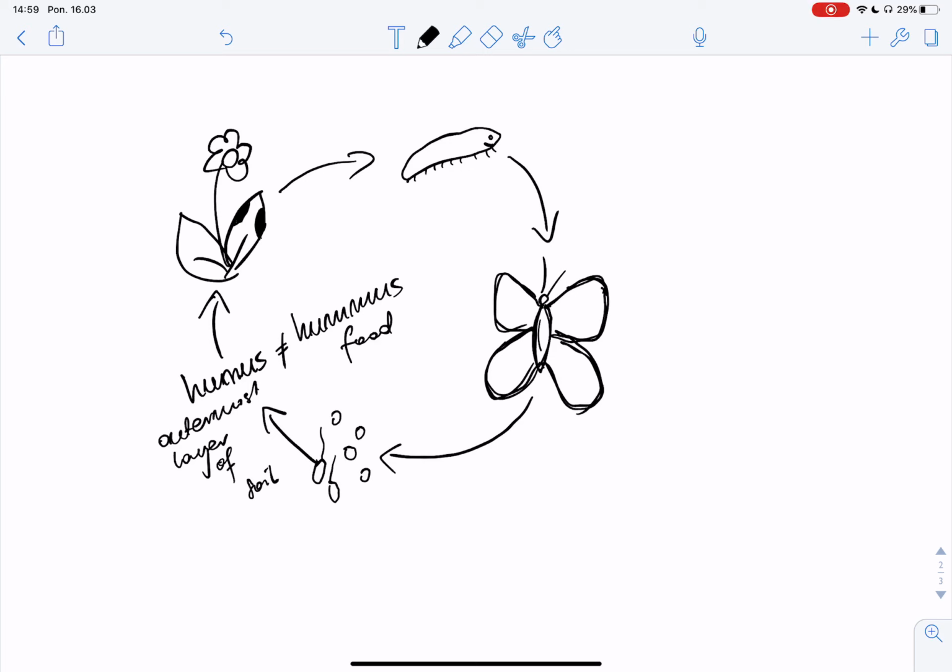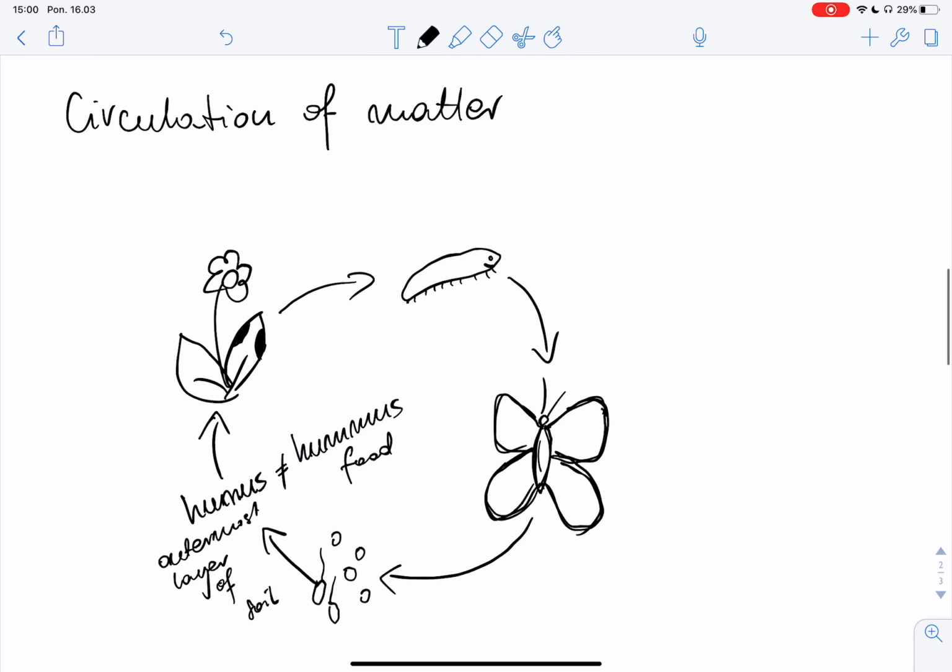It can be an animal, but it can also be a bacteria. If a plant isn't eaten by anything, sooner or later it will die and will give back the particles that it's taken, it will give it back to nature. And this is indeed what we call the circulation of matter.